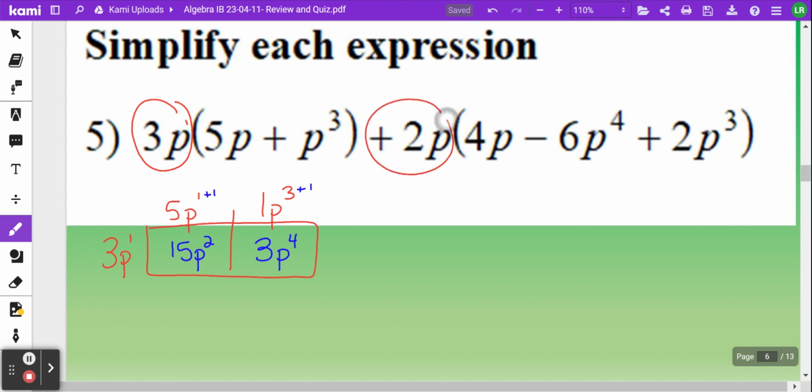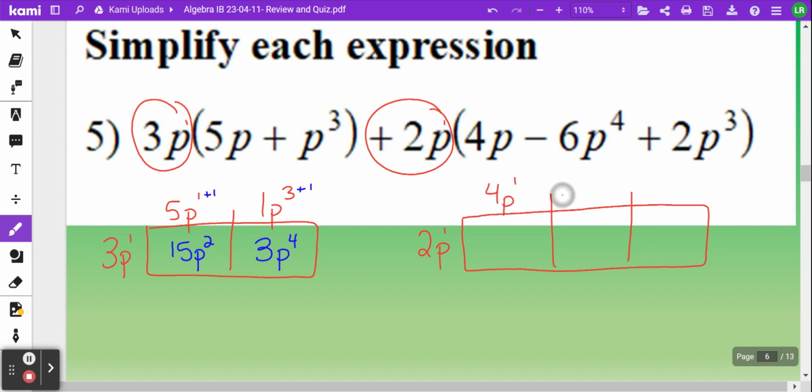This one, we're distributing a 2p to the first. So I need a little bit bigger box because that's a trinomial there. So it'd be 2p to the first, 4p to the first, negative 6p to the fourth, and 2p to the third.